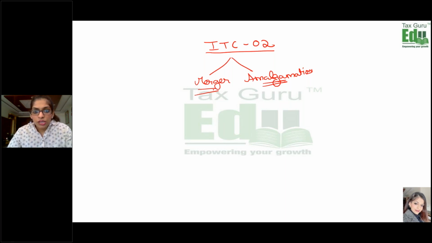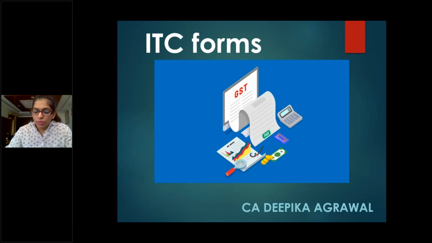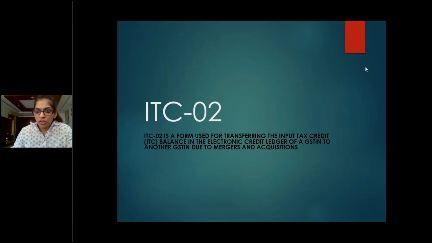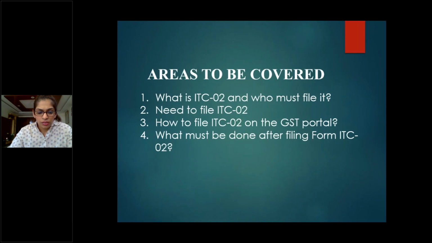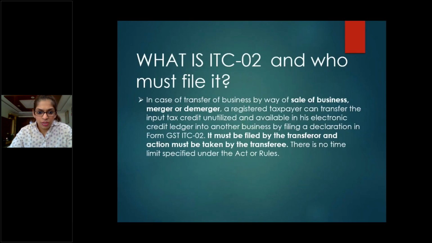Okay. So this ITC 02 talks about mergers and amalgamation. Let's see in the PPT. It's similar to what we have done in ITC 01, exactly the same. The only difference is that the reason is different for carrying over ITC from the older firm to the new firm.